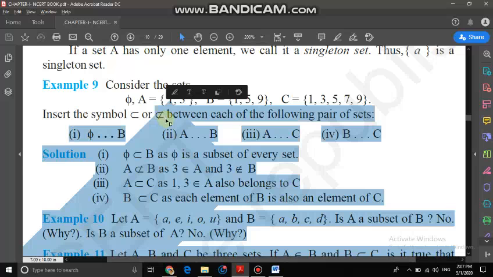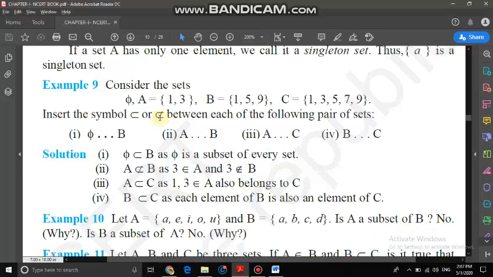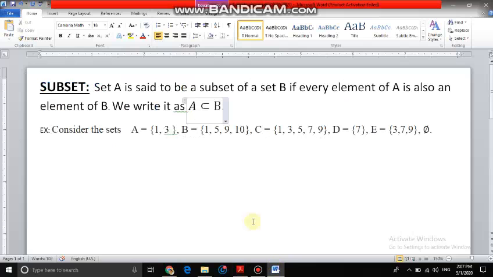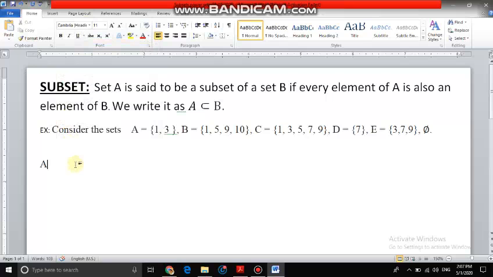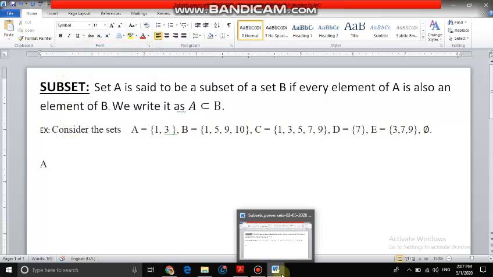This is the symbol for not a subset. So here what I do is, A is not a subset of B. The symbol is not copying from there.